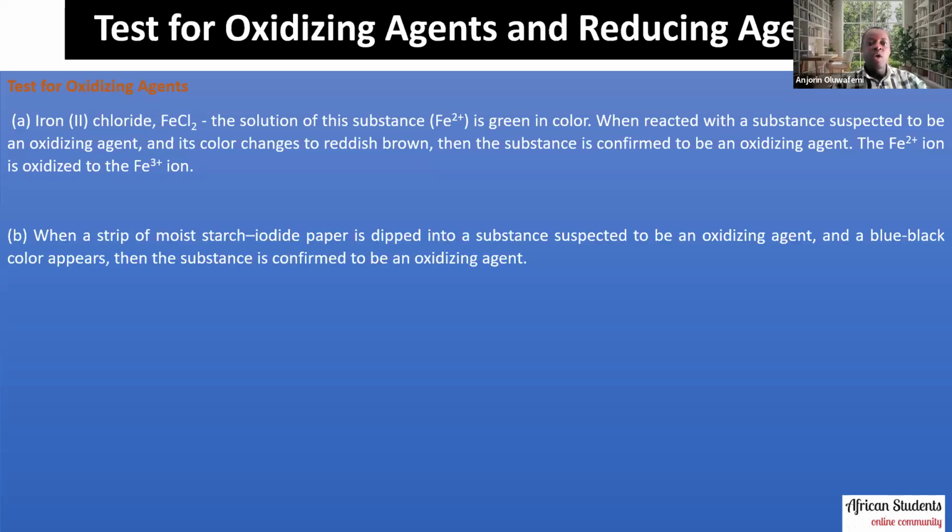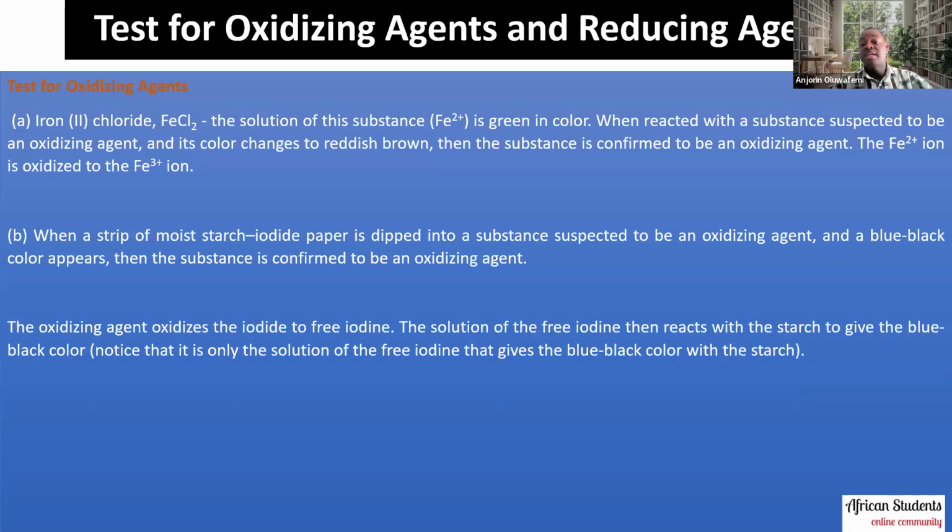The second method is when we use a strip of moist starch iodide paper. You dip it into a substance suspected to be an oxidizing agent, and if a blue-black color appears, then the substance is confirmed to be an oxidizing agent. So that's the second method. The oxidizing agent oxidizes the iodide to free iodine.